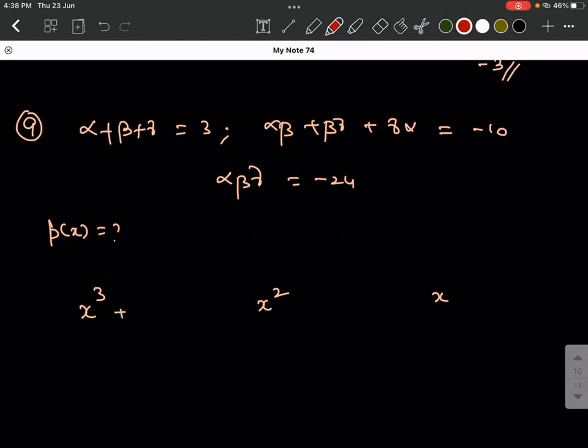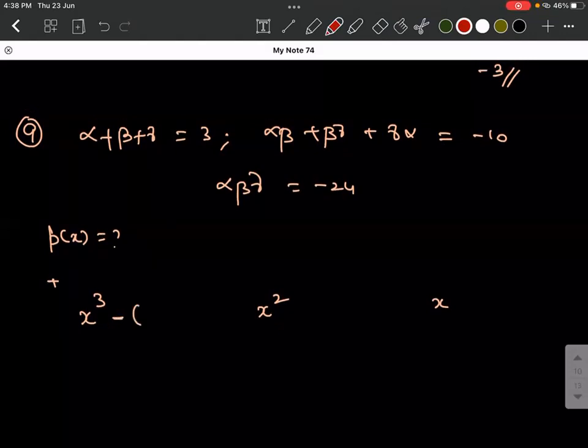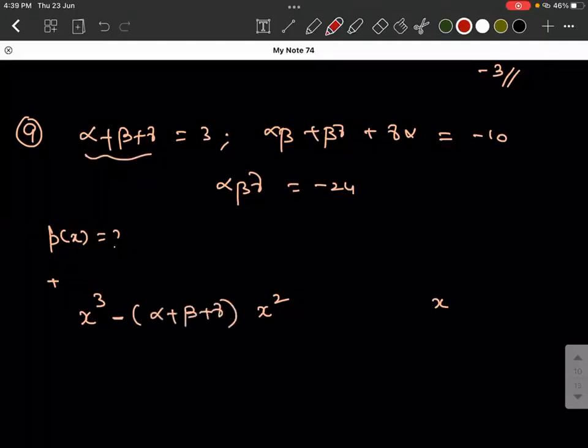When you start x cube with a positive sign, put a minus here. You will put alternate signs. Minus of alpha plus beta plus gamma. Since you have written minus here, you will put a plus here and write alpha beta plus beta gamma plus gamma alpha into x. Since you have put a plus here, you will put minus alpha beta gamma.